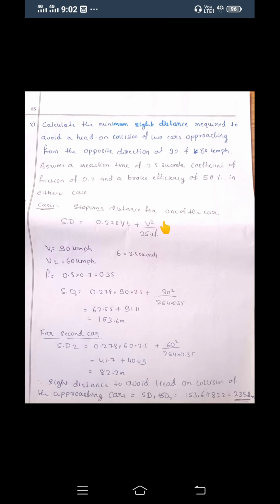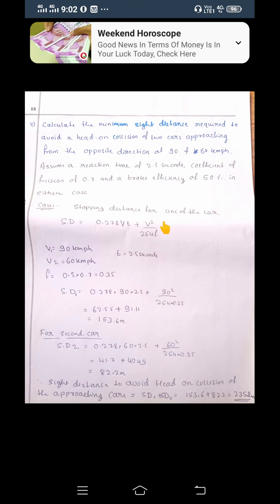So we have now calculated the stopping sight distance for the 90 km/h vehicle as well as for the 60 km/h vehicle. But our condition is that we should avoid the head-on collision between the two vehicles. So to avoid head-on collision, we need to have the stopping sight distance for the first vehicle as well as the second vehicle.